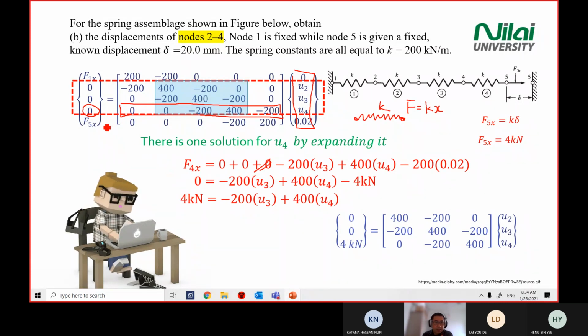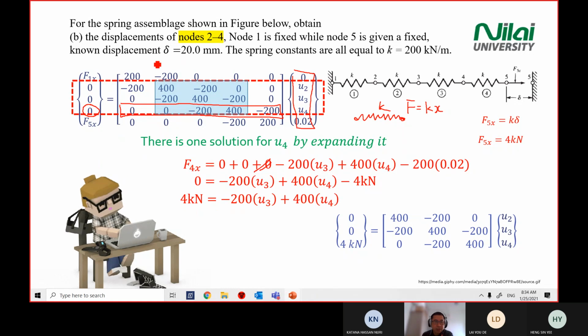Although in this 5-force global matrix we put 0, when we focus on this equation alone, point number 4, if you expand it, we can only focus on this region.